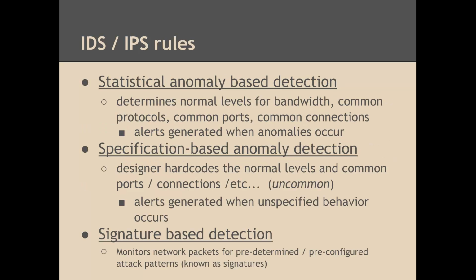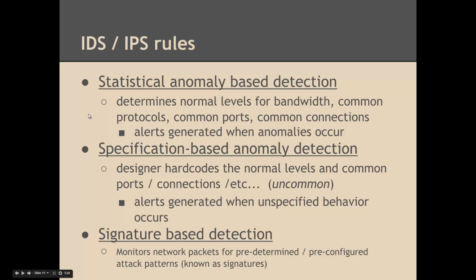Now, as for the types of analysis that these systems can perform automatically, there's the obvious signature-based detection: this series of packets with this payload represents an attack, and log it or kill it.